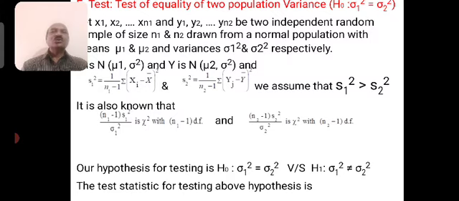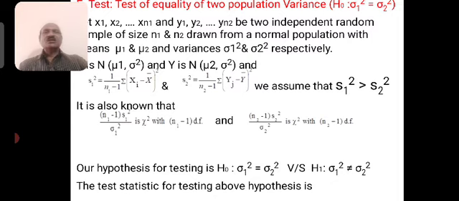So here two samples are there, therefore n1 minus 1 s1 square by sigma 1 square is chi-square with n1 minus 1 degrees of freedom, and n2 minus 1 s2 square by sigma 2 square is chi-square with n2 minus 1 degrees of freedom. So these are the known results we have to utilize.